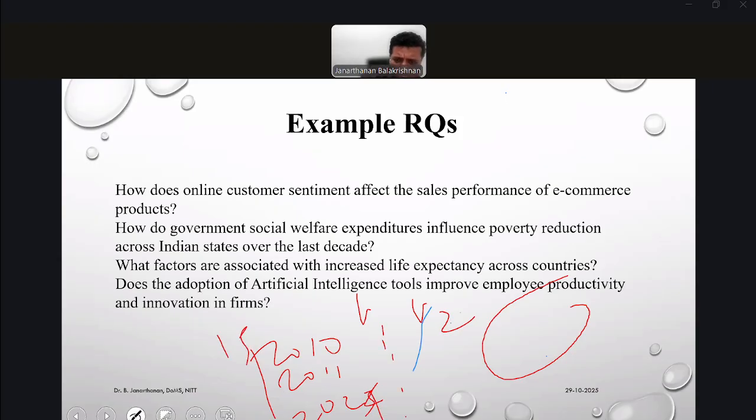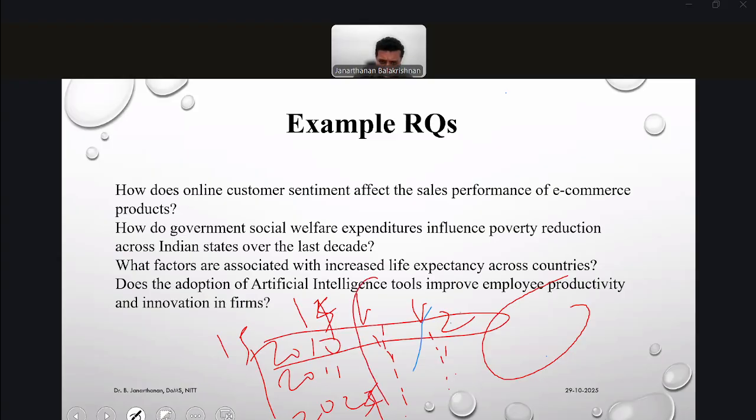For each and every variable, you can see what the reduction is. So you are able to understand the difference in the variable over 15 years. That is the benefit of this. This becomes panel data. If you are collecting data only for 2010, that becomes cross-sectional secondary data.